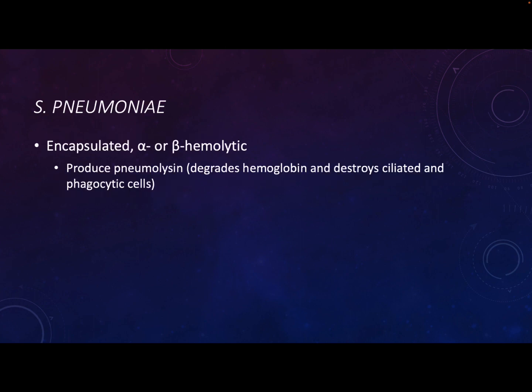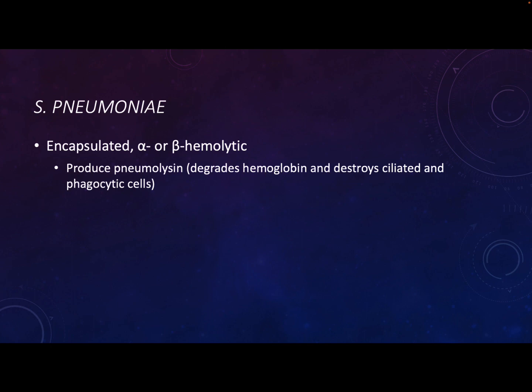All right. So our last streptococcal species is Streptococcus pneumoniae. So just based on the species name, what type of infection do you think this one might cause? Pneumonia. Yeah, this is going to be your pretty common respiratory streptococcal species. So it does have a capsule.